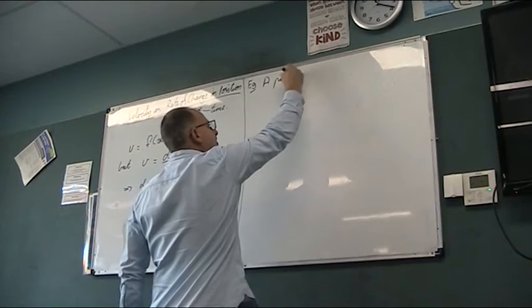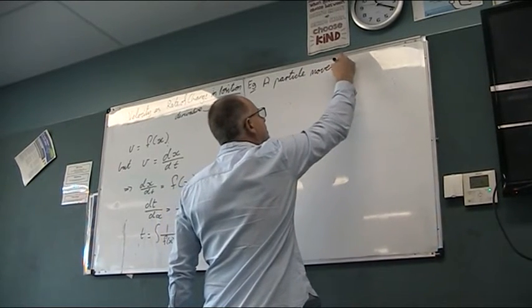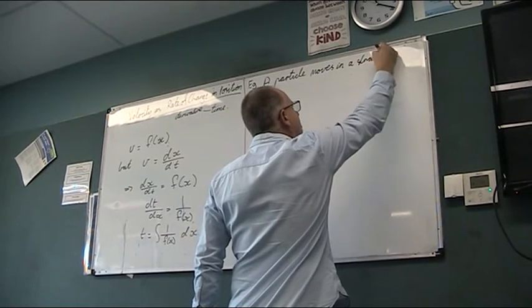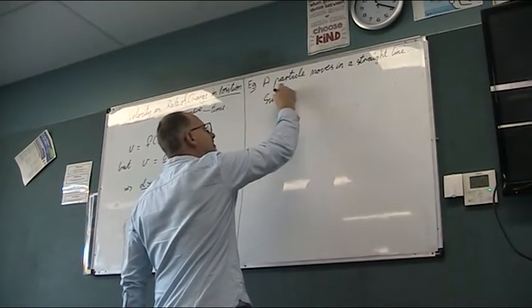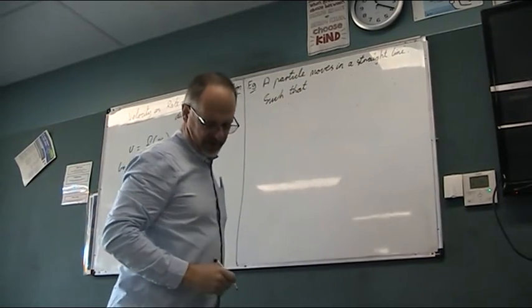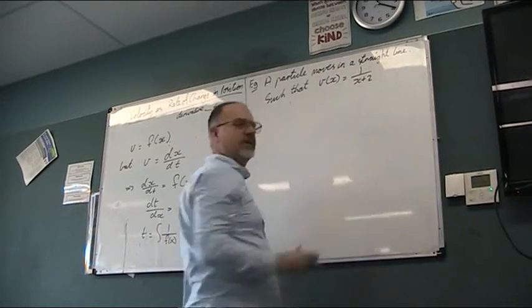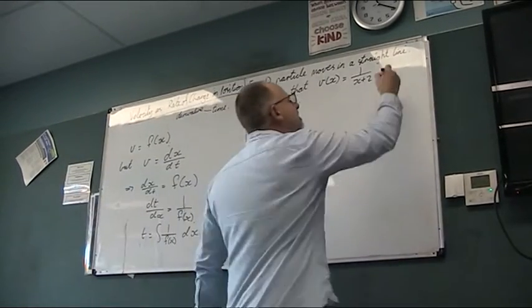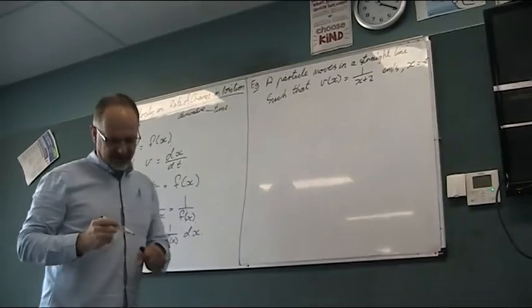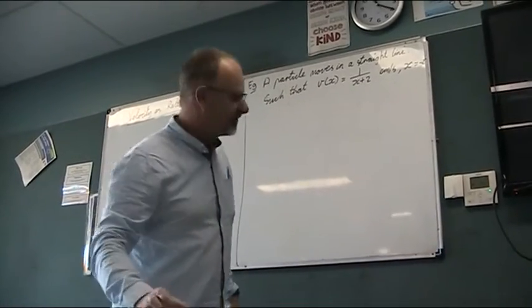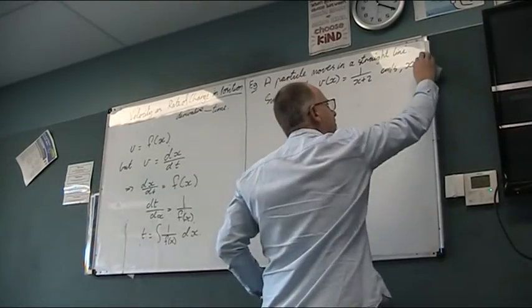All right, so we've got a particle, and the particle moves in a straight line such that its velocity in terms of its position is 1 on x plus 2 centimetres per second, and of course x can't be -2, but we've got a further restriction here, in that x is greater than -2.